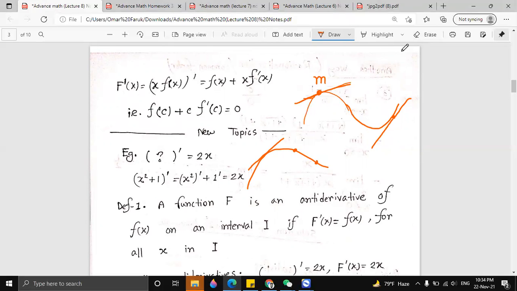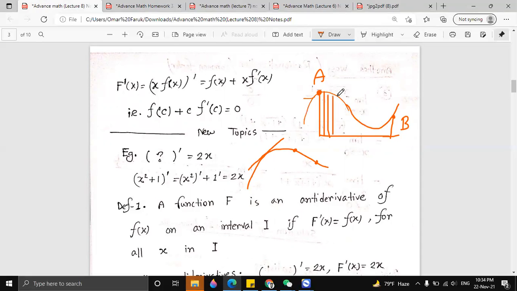And integration means the area under the function. For example, imagine this point is a and this point is b, and I tell you to find the area between a and b. The area will be this part.